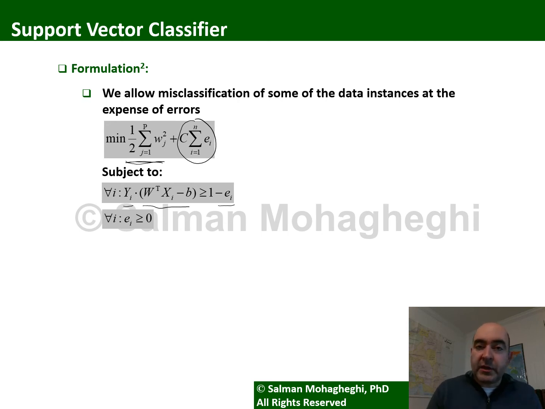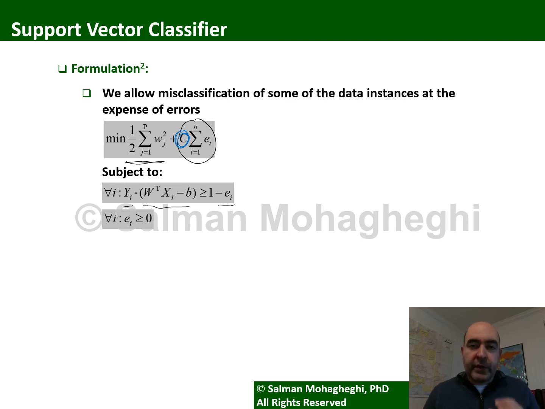This optimization problem will try to find the best trade-off between the two objectives, maximizing the margin by minimizing the norm of w, and then minimizing the errors. You notice that here I multiply this second objective function by a coefficient C. This coefficient C is a weight parameter that tells my optimization problem how important misclassification is for me.